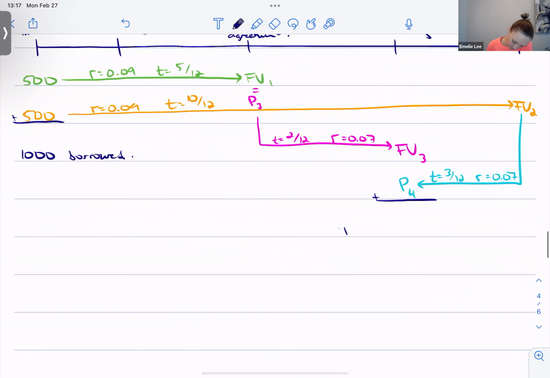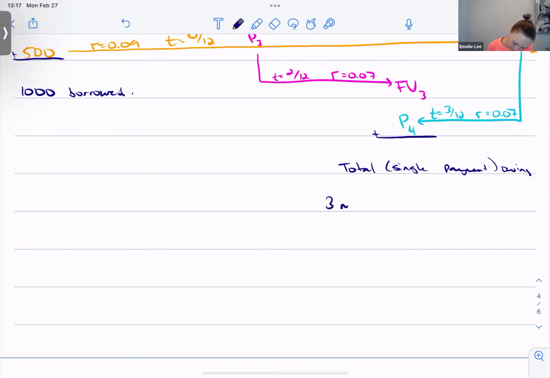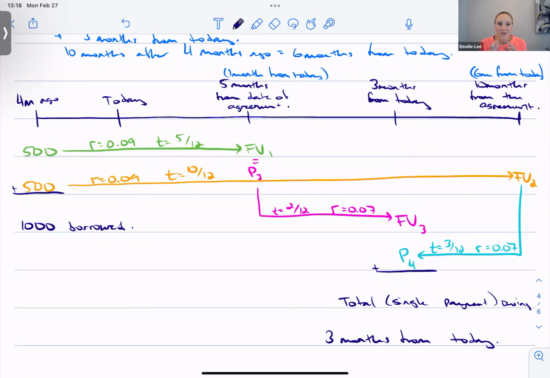So this is the total, and I'll put in brackets single payment owing 3 months from today. I'm going to really rely on those subscripts to tell me the order that I meant to do these calculations in, right? Because otherwise I'll be extremely lost, right? And I need those two future value 1 and future value 2 in order to solve for the next two, right? So you want to really keep your wits about you.